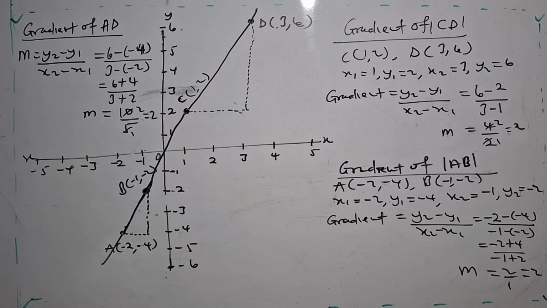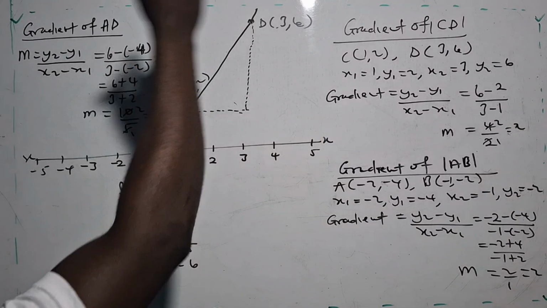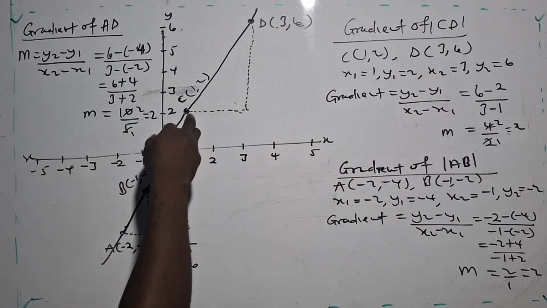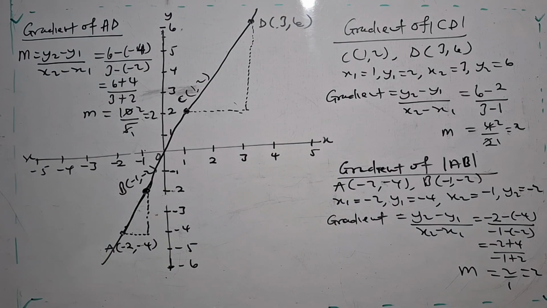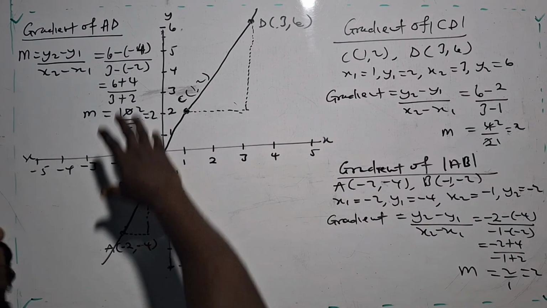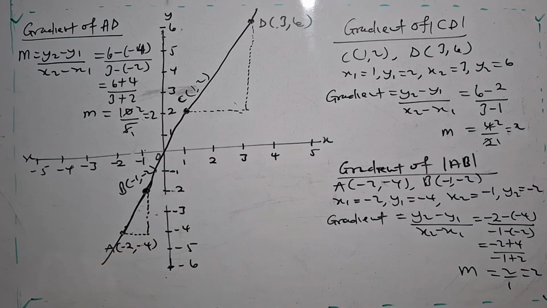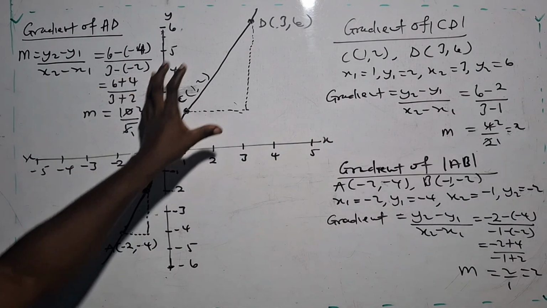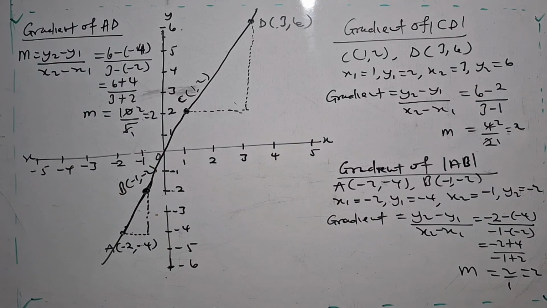So when you draw your straight line, anywhere you pick the point, you get the same gradient. So it doesn't matter where you pick your point. Somebody can also pick the B and the C. You can try that. If you don't get 2, it means you are wrong. So pardon me for not using the graph board for that. But the main concept is what I want to teach you: how to calculate the gradient on the linear graph.